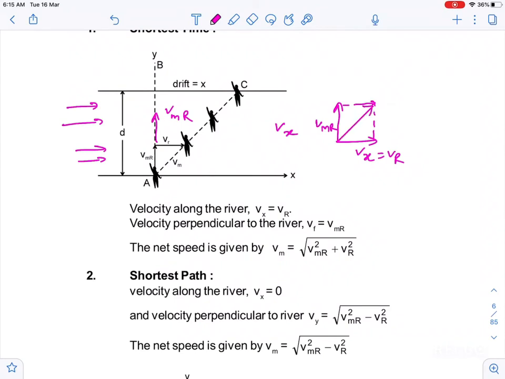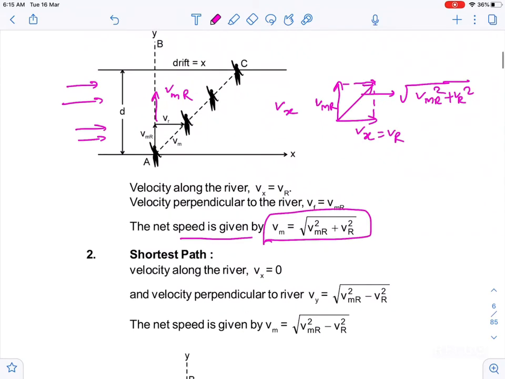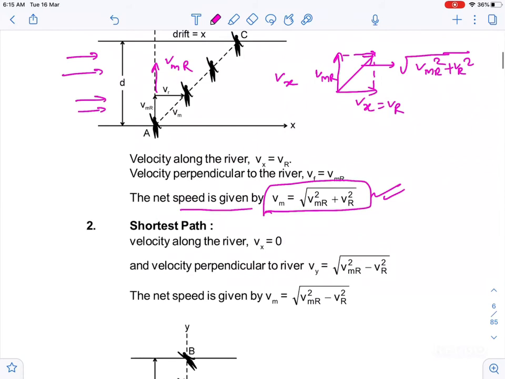This is nothing but the resultant, which is under root vmr square plus vr square. This is the net speed, the velocity of man with respect to ground. Okay, this you have to keep in mind.